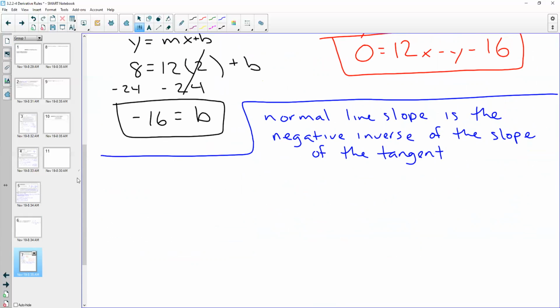Okay, so if our slope of our tangent is 12, then the slope of our normal is going to be negative 1 over 12.